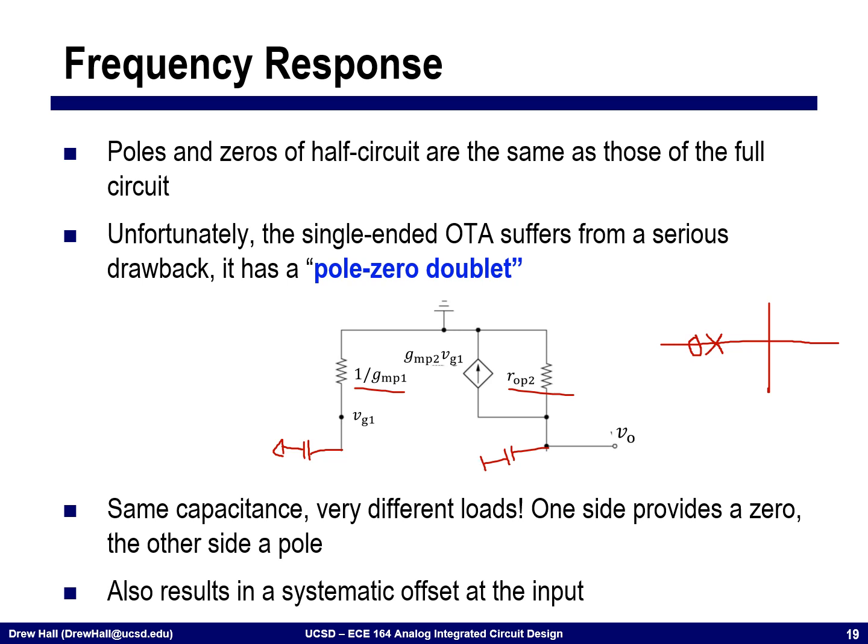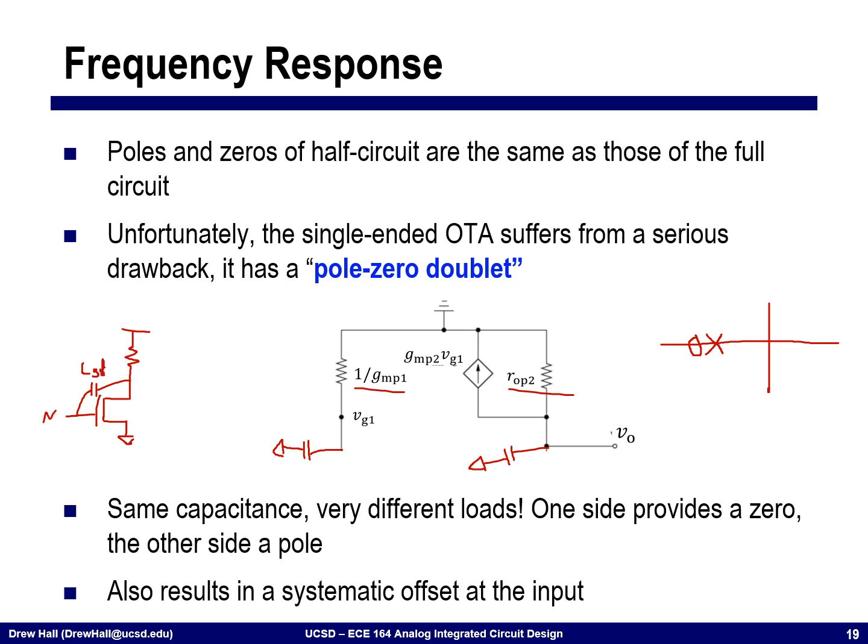Okay, and you may be asking yourself, normally when I think of a zero, the zero comes from this capacitive path to the output, right? So classically in the common source amplifier, we've said several times that CGD gives rise to a 0.